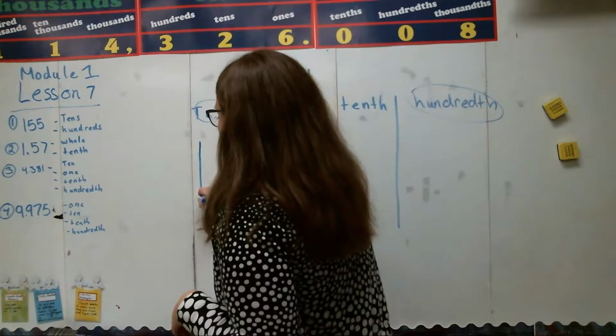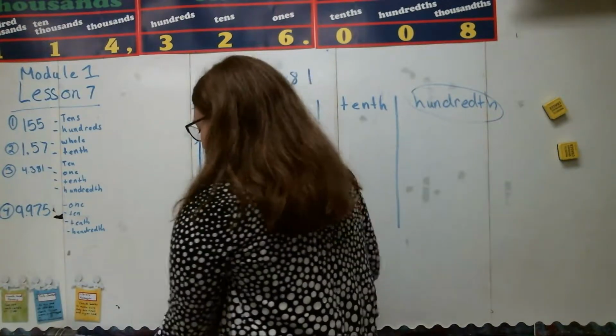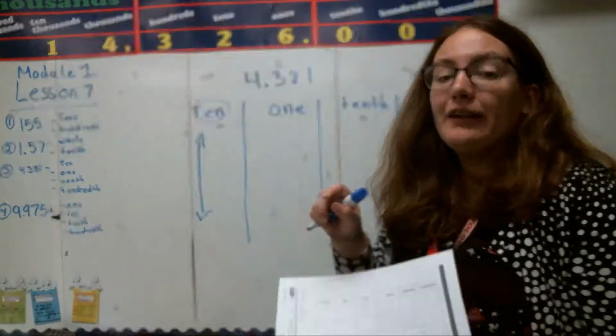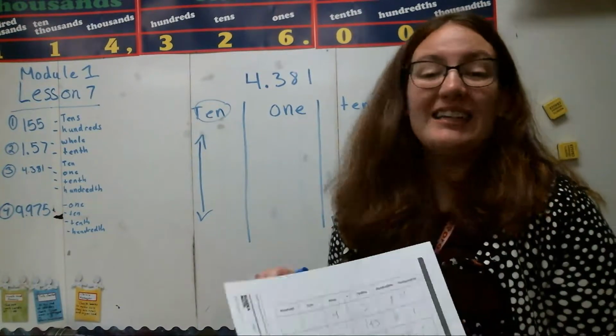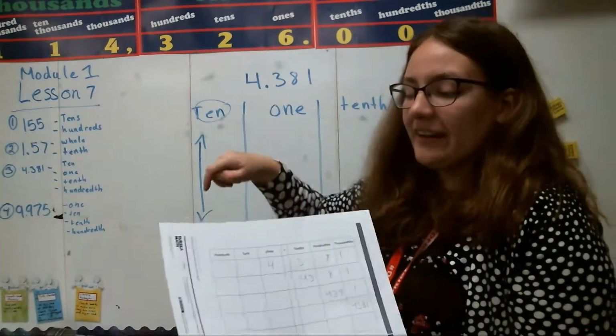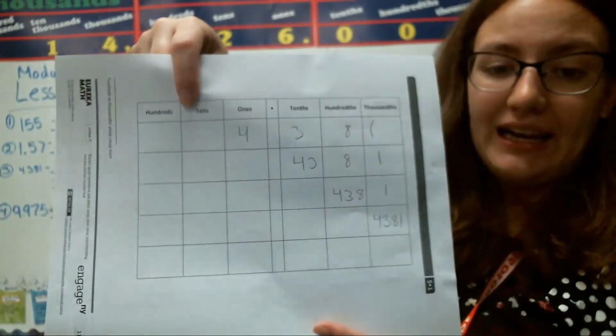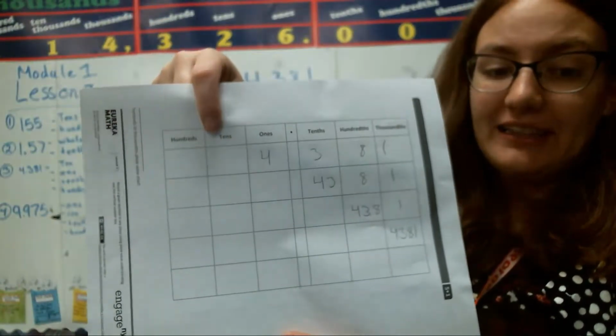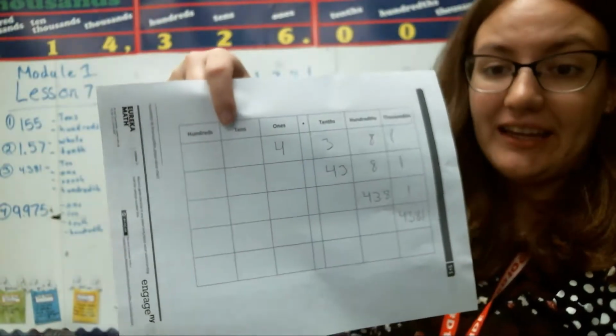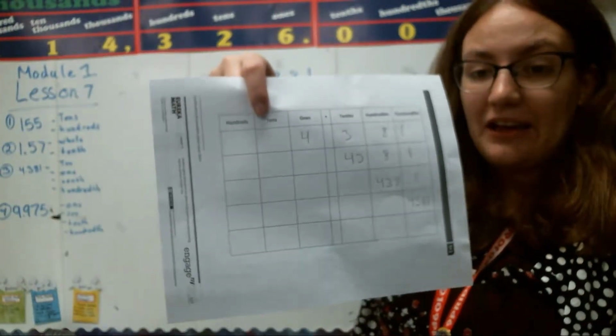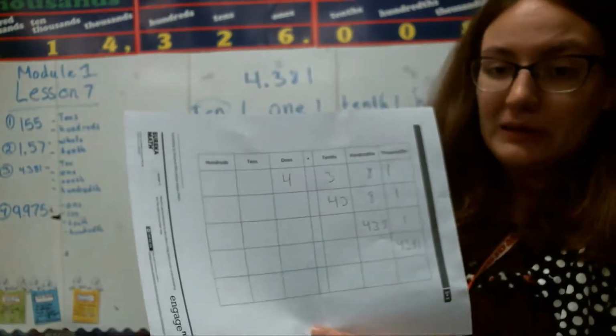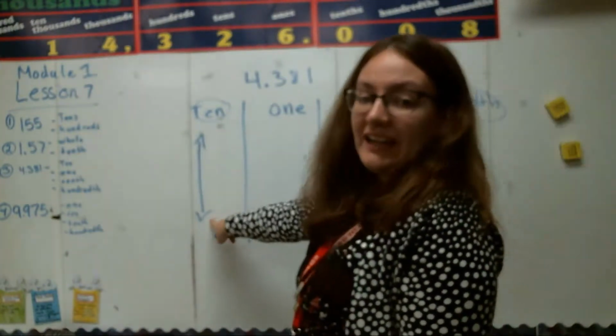So I'm going to draw my number line. And this one was kind of tricky because, remember, this is my tens place, not my tenths. So I had to look at the tens place on my charts. And what I see in my tens place right now is I actually have nothing there. So what that tells me is that since I have nothing in my tens place, I'm actually going to put a 0 right here.